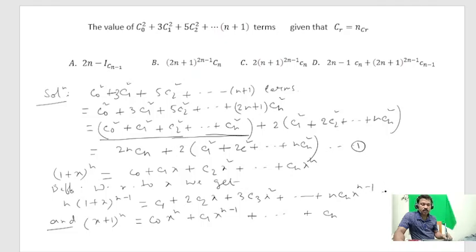We put here number 2 and here number 3. Now we multiply these two, that is equation 2 and 3.